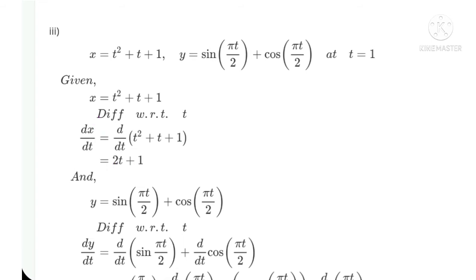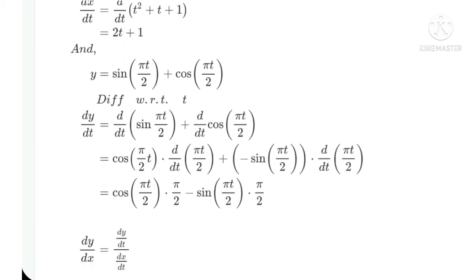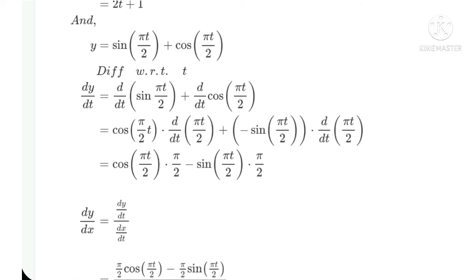Okay. See what we get, dx by dt is equal to 2t plus 1. Now take y is equal to sin pi t upon 2 plus cos pi t upon 2. Differentiate with respect to t, we get dy by dt is equal to d by dt of sin pi t upon 2 plus d by dt of cos pi t upon 2. What is the derivative of sin?